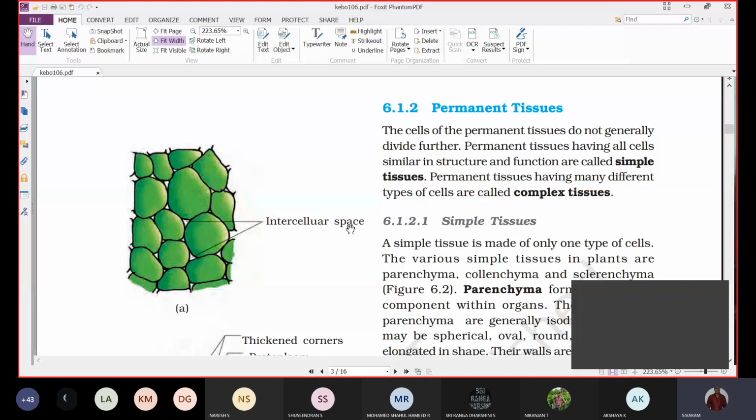Dermal tissue means epidermis, and vascular tissues means xylem and phloem.